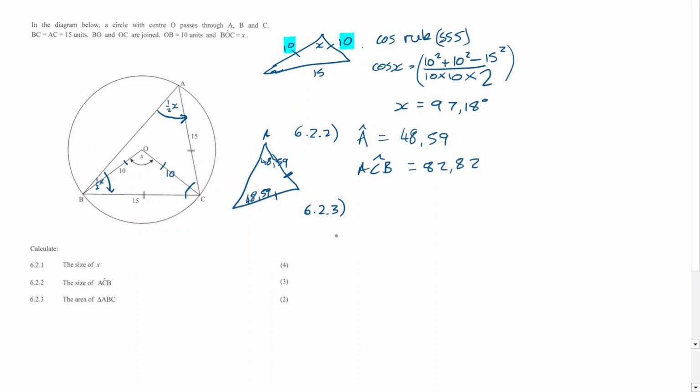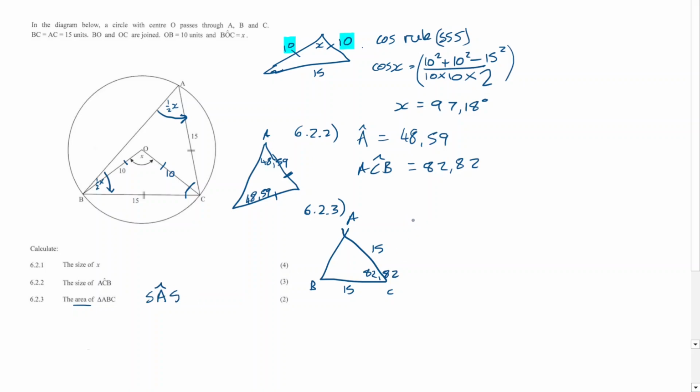Last one, work out the area of the entire shape. And so again, I would just be doing this in my question paper. I know there's a 15 there and there's a 15 there, and I know that I've just worked out this angle, and that is a perfect condition for using area rule. To do area rule, it has to be the included angle between the sides that you have.